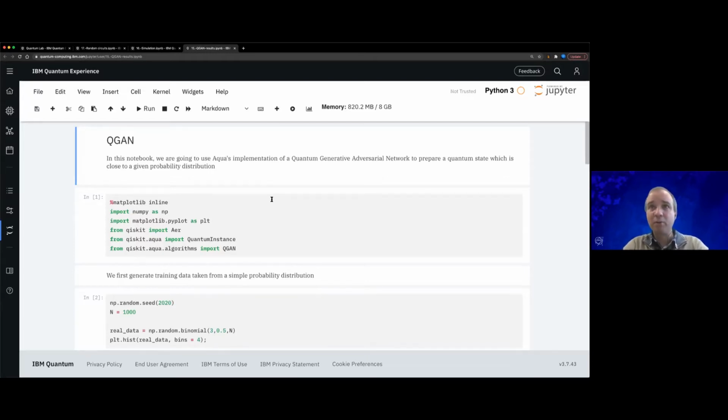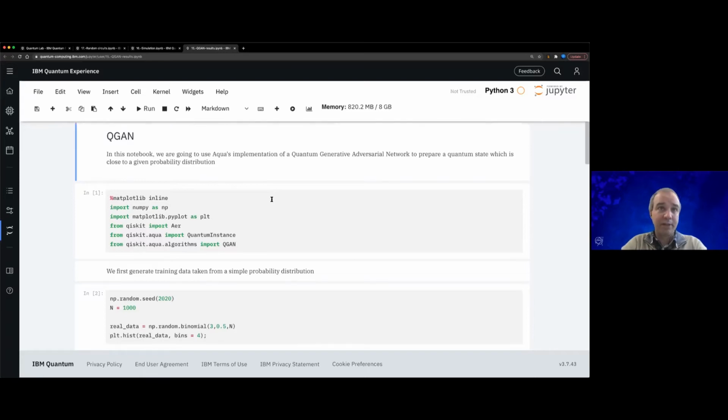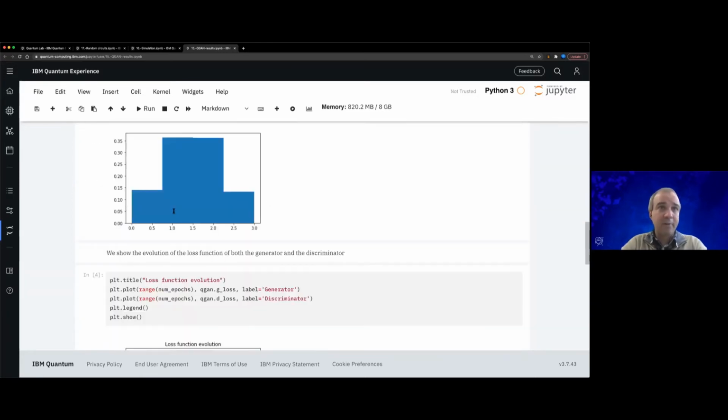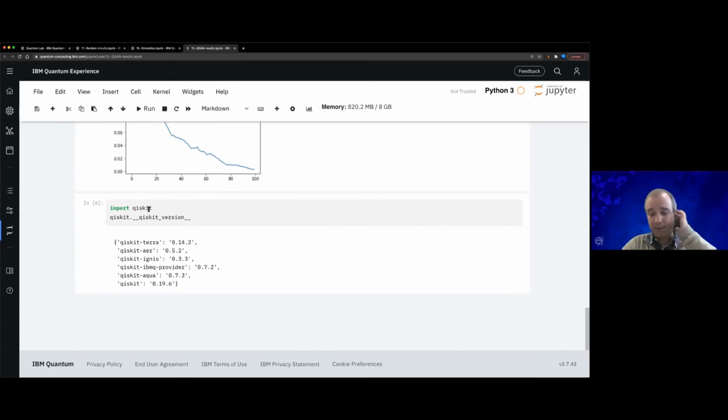So I have uploaded to the Indico page both the notebook with results for you to see what is the expected output of this algorithm, and also the clean version without results that you can try to run if you have an older version of Qiskit. For instance, here I have run this. I have included this instruction in order to know which is the version that I'm running.